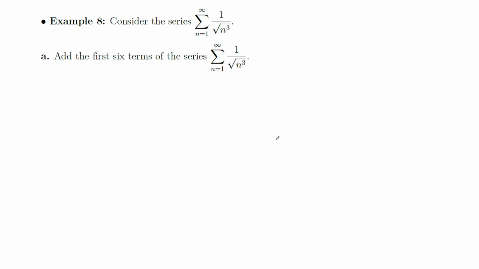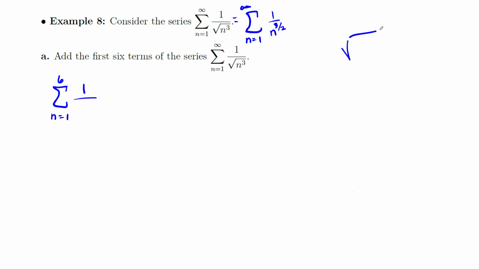All right, so that's a lot of notation there, but let's do a concrete example, I think, to help us out. So part A asks us to just add up the first 6 terms of this series. Okay, well, we can do that. So n equals 1 up to 6 of this. By the way, I think we'll find it more helpful to write it as 3 halves, right?